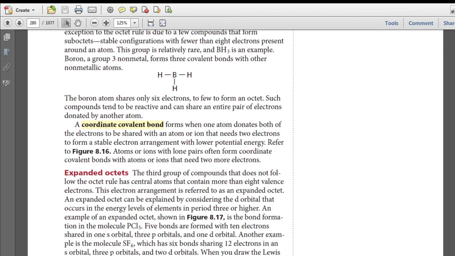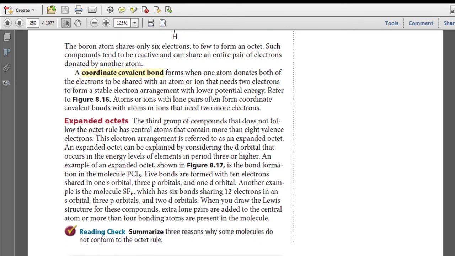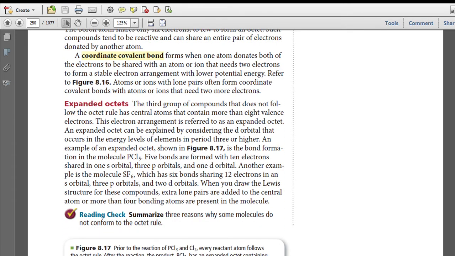Atoms or ions with lone pairs often form coordinate covalent bonds with atoms or ions that need those 2 extra electrons. The third group of compounds that do not follow the octet rule has central atoms that contain more than 8 valence electrons. This electron arrangement is referred to as an expanded octet.